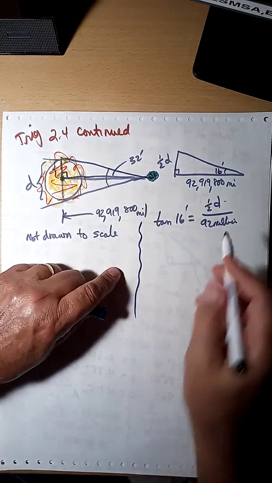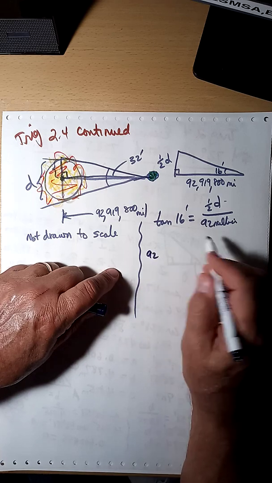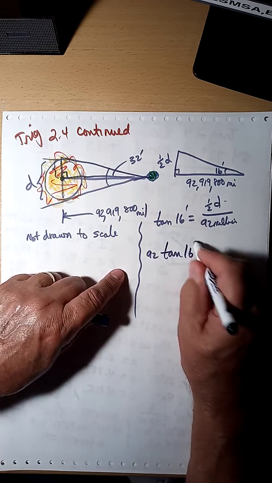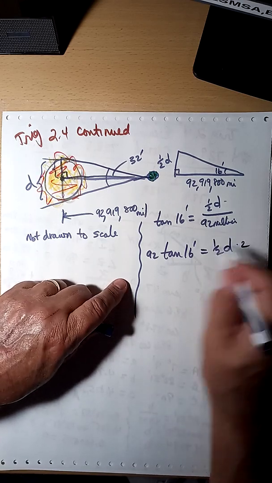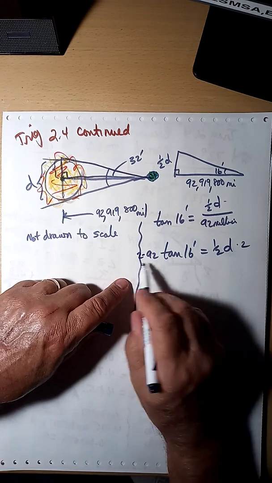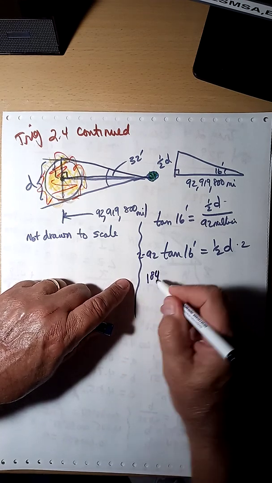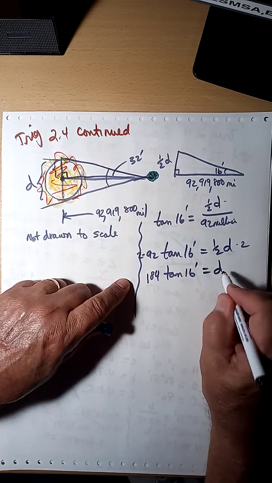So we're going to solve this for D. So it's the 92 million, I'm just going to call it 92 for now, times the tangent of 16 minutes is 1/2 D. Multiply both sides by 2, and double that 92 is 184, times the tangent of 16 minutes. That's what D is.